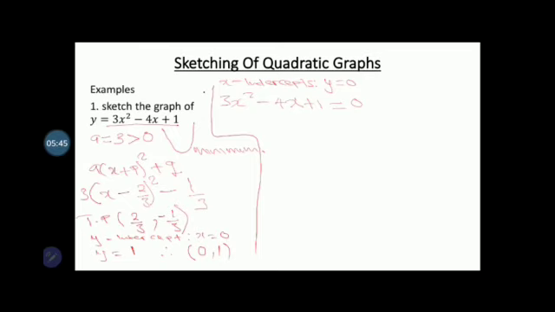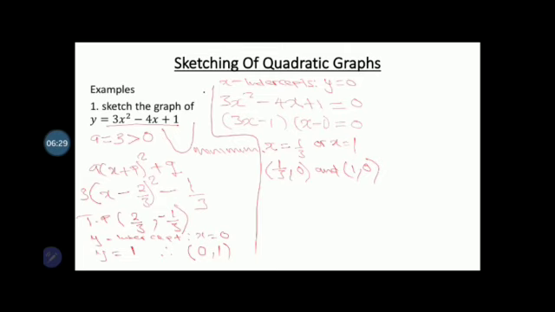It will simplify to 3x minus 1 multiplied by x minus 1 equal to 0, and this will give you the values of x, being x is equal to 1 over 3 or x is 1. So at this point, since it's in the x-axis, we know y is 0. So the coordinates here are 1 over 3, 0 and 1, 0. So now we have our turning point, we have our shape, we have the x and the y-intercepts.